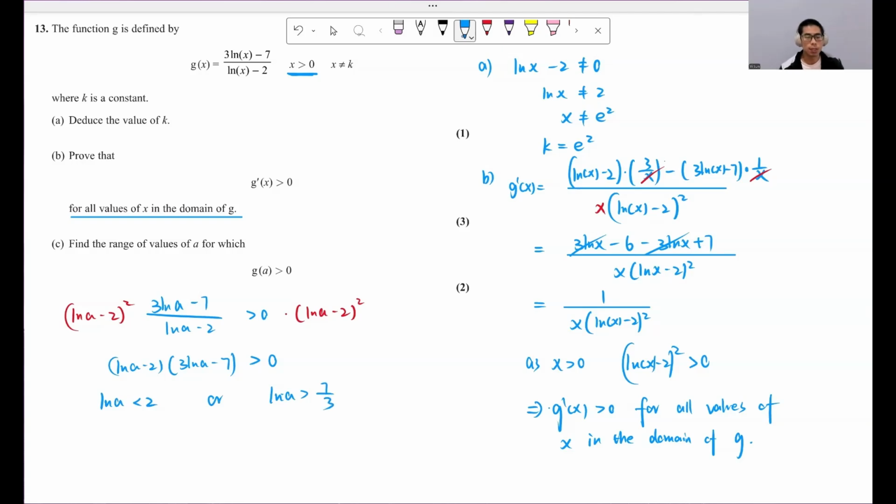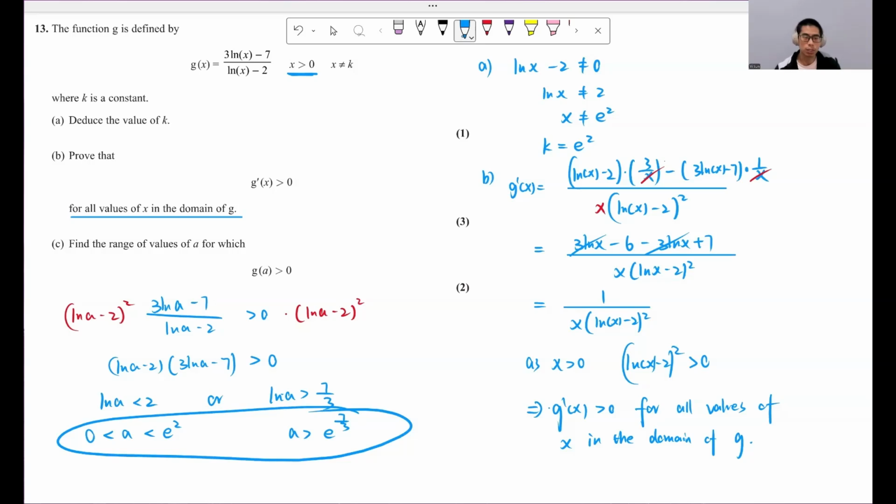If ln a is less than 2, then a has to be less than e to the power 2, but more than 0, because you can't take the log of a negative value. So it has to be more than 0 and less than e squared. And if ln a is more than 7 over 3, then a has to be more than e to the power 7 over 3. So that will be the final answer for part C.